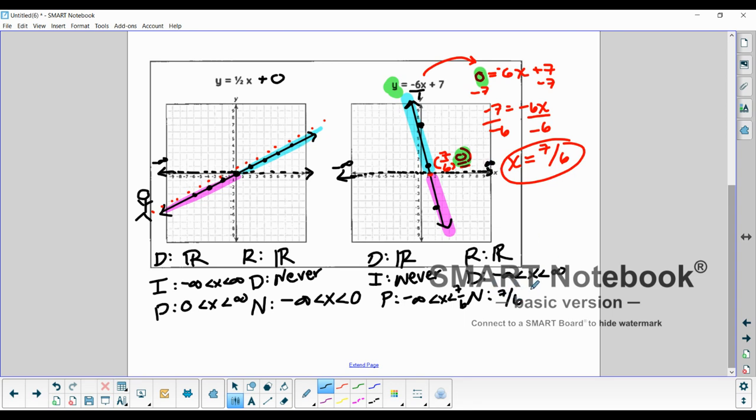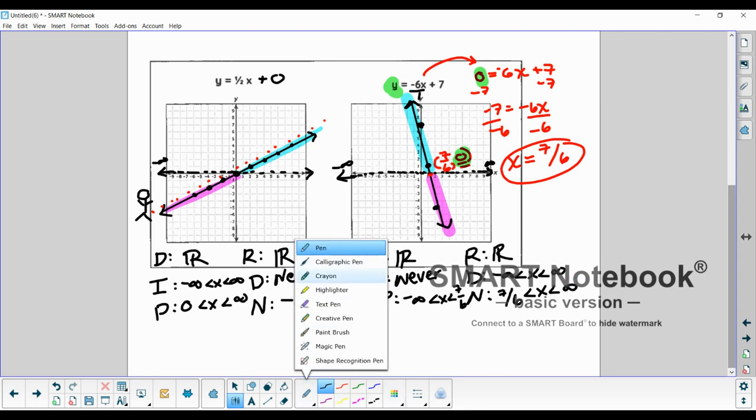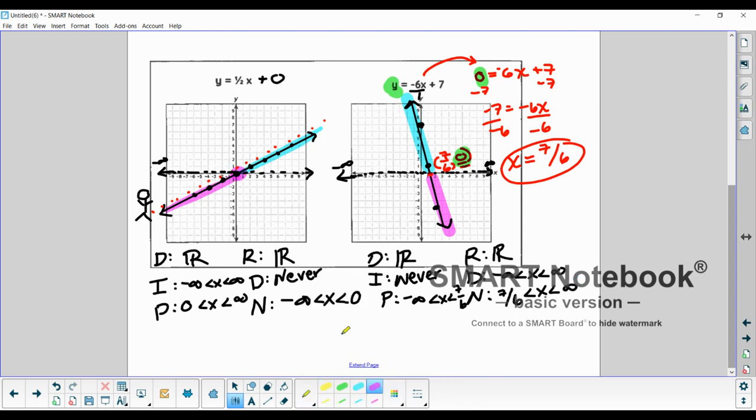So 7/6 < x < infinity. If you can't see the switching point, let me highlight it in yellow. Like here, we could see it switched from positive to negative at 0. If you can't see that point, then sometimes you may need to calculate that point algebraically by plugging in 0 for y.